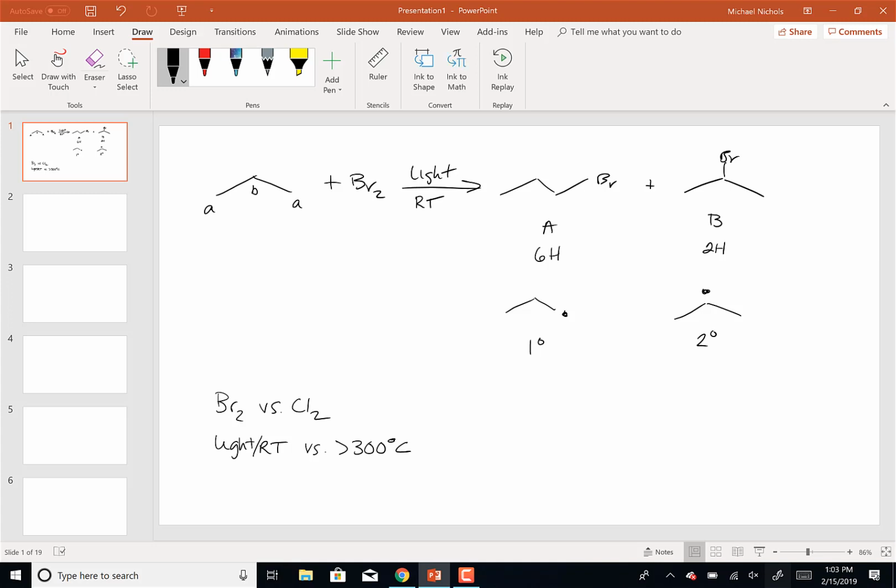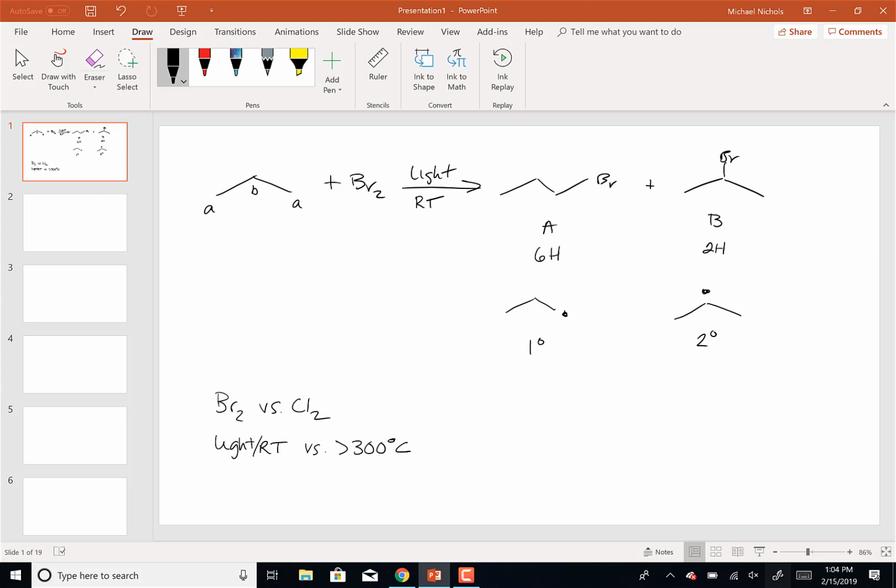So those are going to be our factors, and changing any one of those conditions can cause the major product to change. And we're going to be a little more quantitative in terms of being able to determine what the major product is by actually assigning some numbers. But the numbers are just going to be numbers that we assign. And the biggest number is the major product. So let's go through all of this.